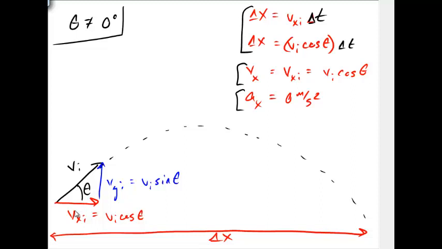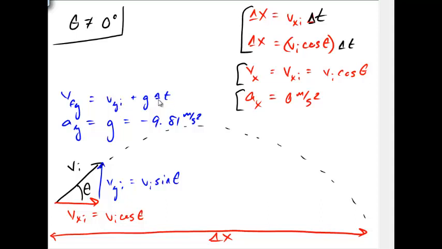That's important. Once again, I'm going to start with Ay because it's gravity and it's constant. Done. The final vertical speed would be equal to the initial vertical speed plus g delta t. We're just varying the equation we already know, substituting in more specific things.